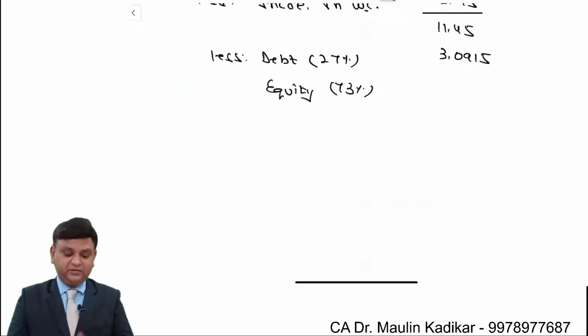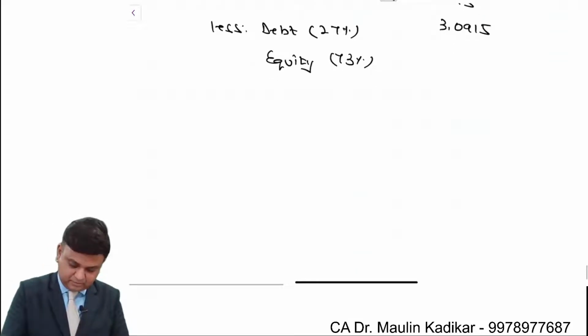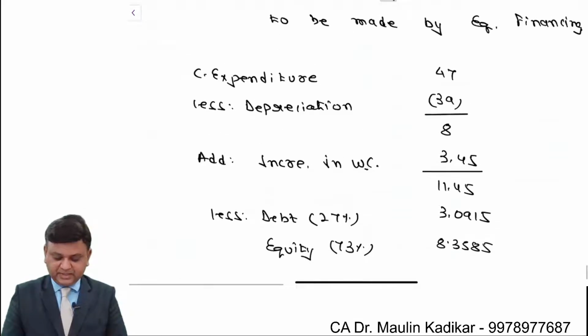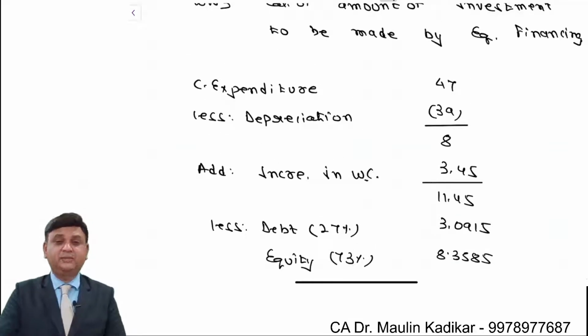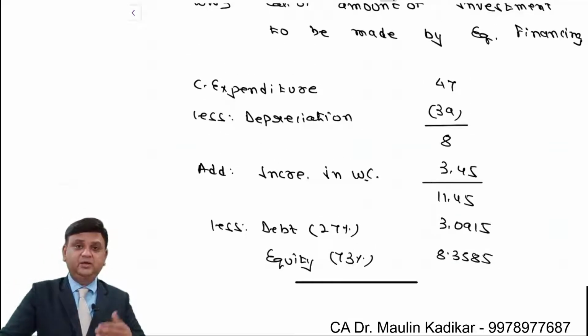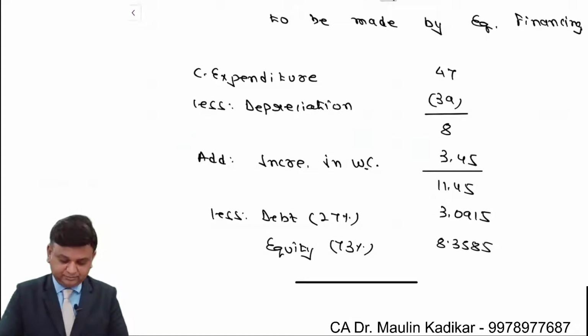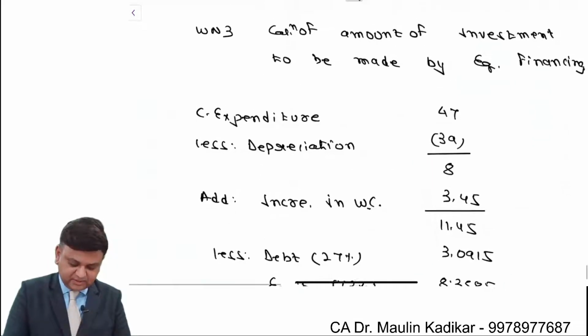So 8.3585. That is the way we'll make the computation of the amount of the financing required from the equity shareholders. In my opinion, this is an important working note.